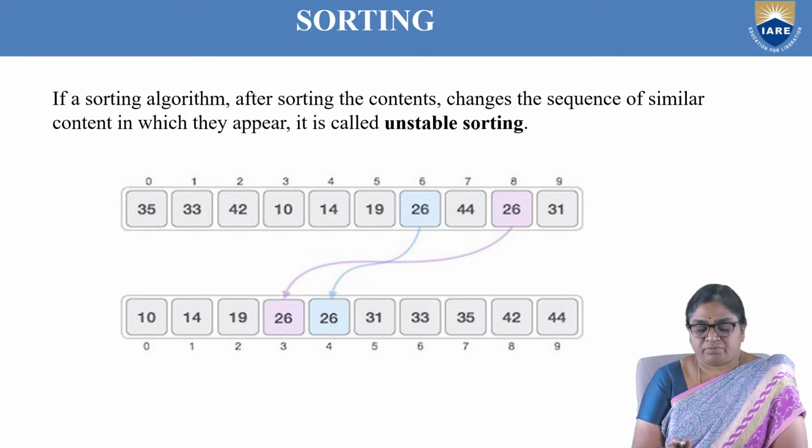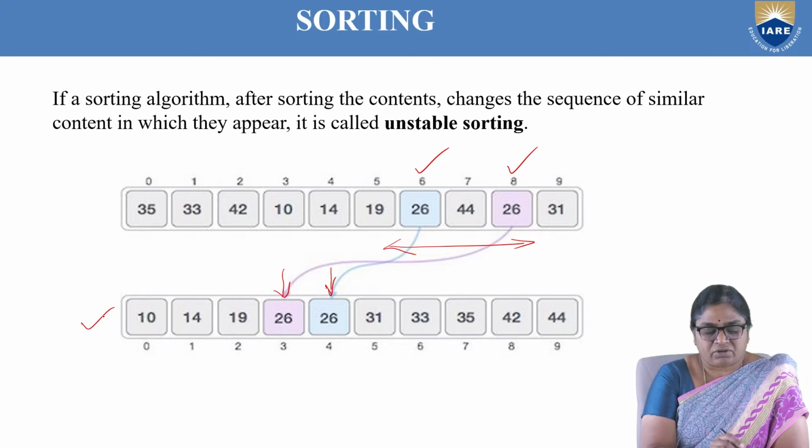Otherwise, it is unstable sorting. Now we can check with an example. Here in the list we again have the number 26 twice, but the latter occurrence of 26 is placed first in the sorted list and the prior occurrence is placed next. Here the order of occurrence of the same element is not maintained in the sorted list.